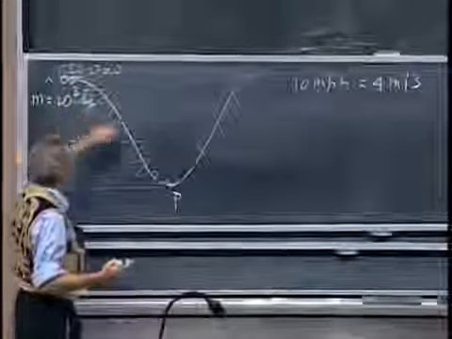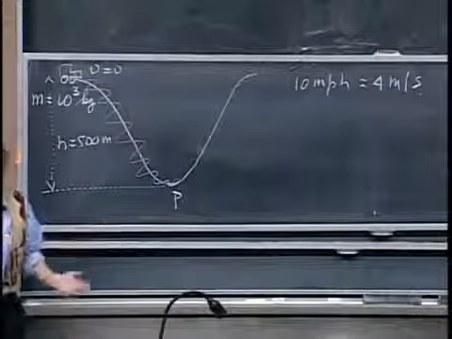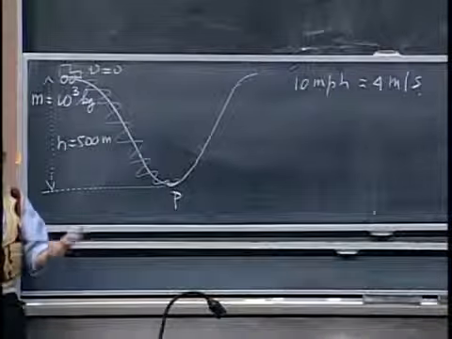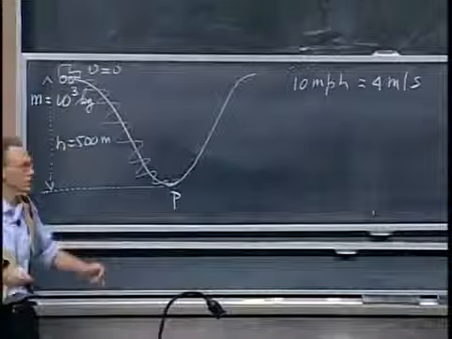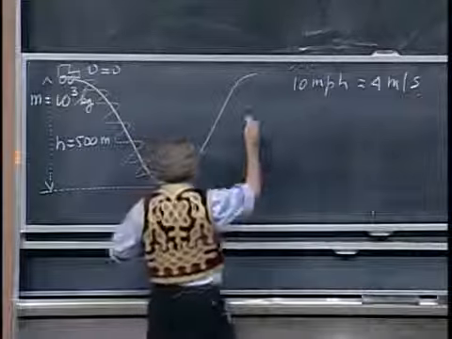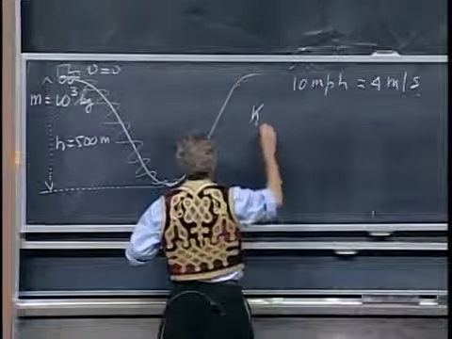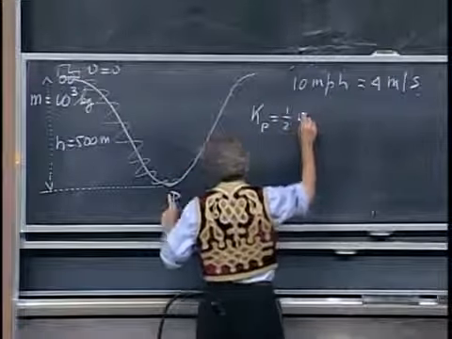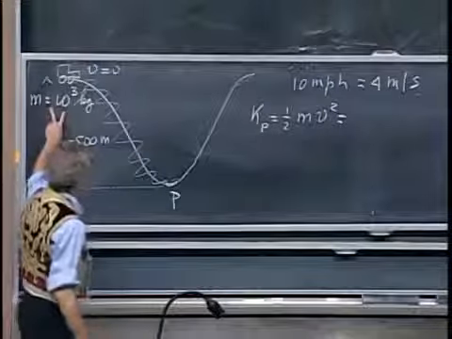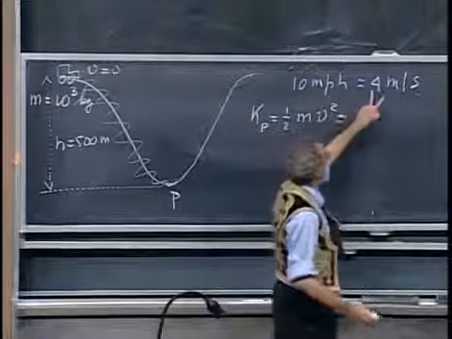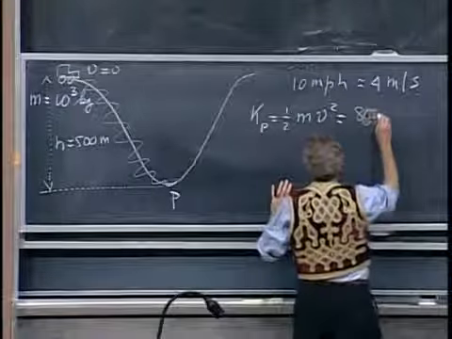And as you went down, you've been braking all the time. One way or another, you got rid of your speed. And that's all burned up, heat. You heat up the universe. So when you reach point P, your kinetic energy is simply 1/2 mv squared. m is the mass of the car, so that is 500 times 16, so that is 8,000 joules.